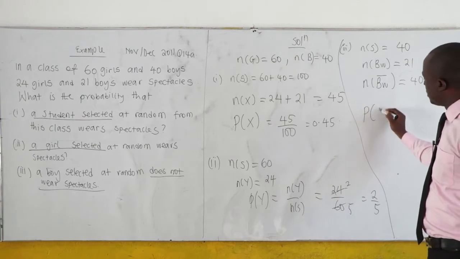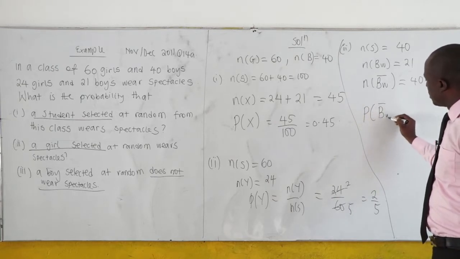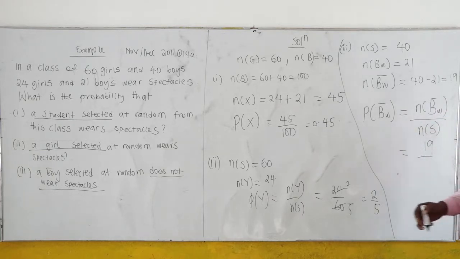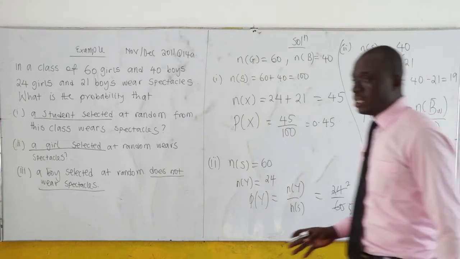So the probability that the boy doesn't wear spectacles will be the number of those who don't wear spectacles all over the number of the sample space. The number of those who don't wear spectacles is 19, and then we have the total to be 40. That is 19 over 40.